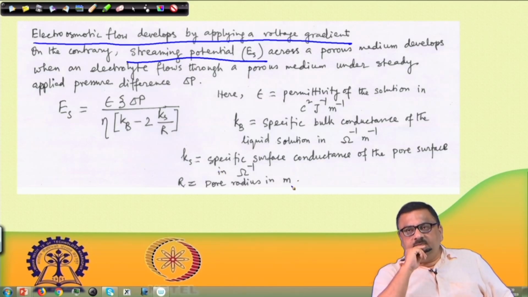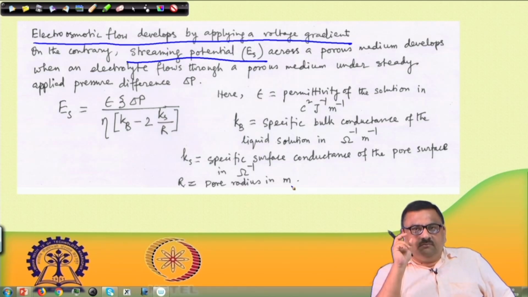So, the streaming potential is very much an important concept, particularly when people are working with microfluidics, with a porous medium in a microfluidic sense. I can give you a small example quickly.